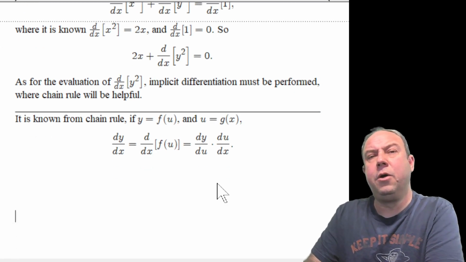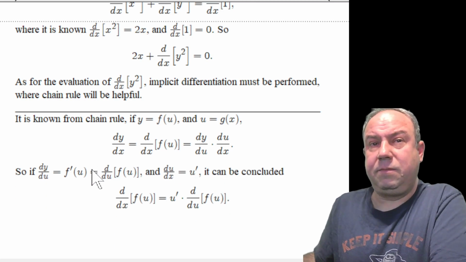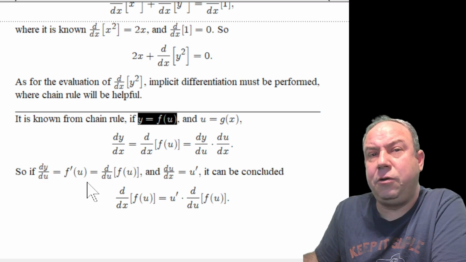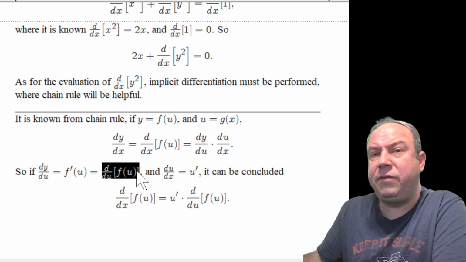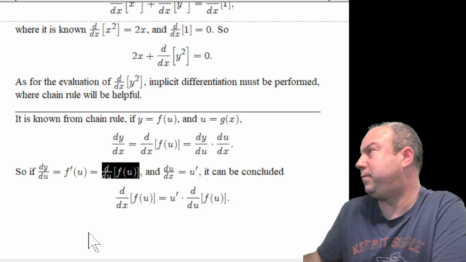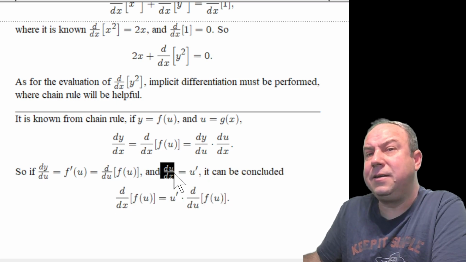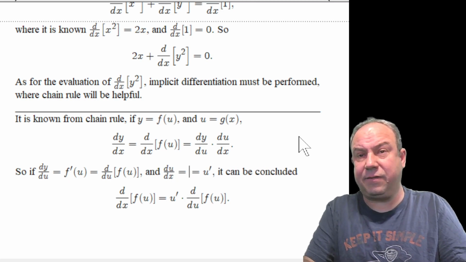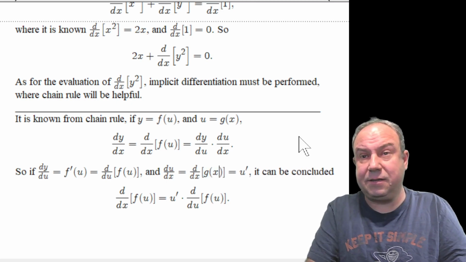Well, we know that the value of dy du, if y is equal to f of u, is going to be equivalent to the value we call f prime of u, or the derivative of f with respect to u. And the value du dx is going to be the derivative with respect to x for g of x.